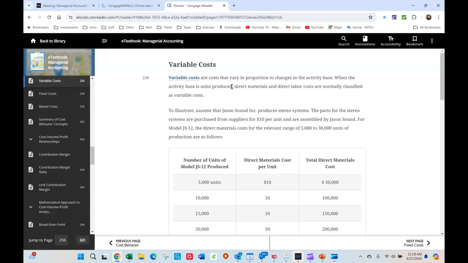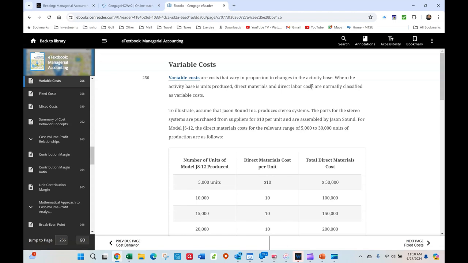Variable costs. These are costs that vary in proportion to changes in the activity base. So looking at a chicken sandwich, if you don't sell any chicken sandwiches and you don't have to throw away all of your food, then you really have incurred zero cost from a variable cost standpoint. Now, if you sell one chicken sandwich, then you're going to have the chicken, the bun, the lettuce, the mustard, whatever.